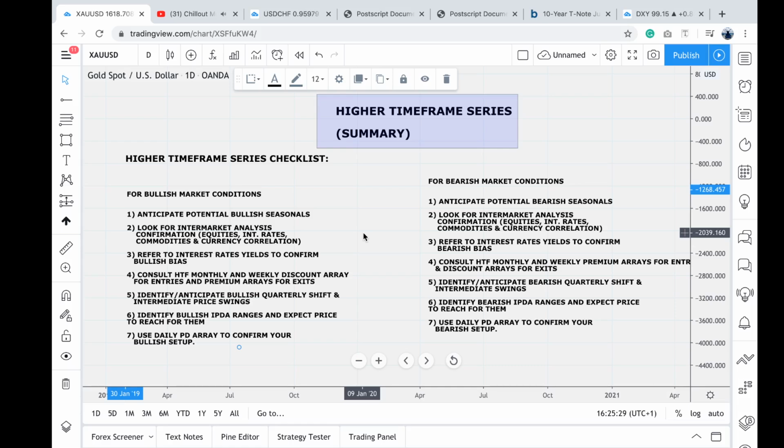The second and the third are interrelated in the sense that you're covering fundamental analysis. The third is to refer to interest rate yields to confirm a bullish bias. So you check the bond market.